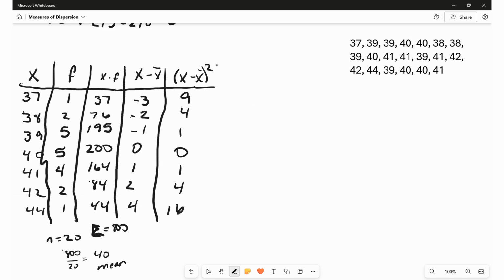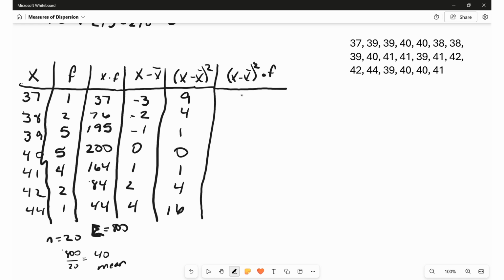And then, because this is a frequency table, we need to take our deviation squared, our x minus x bar squared, and multiply that by the frequency. So each of these is going to be multiplied by the number of data values.